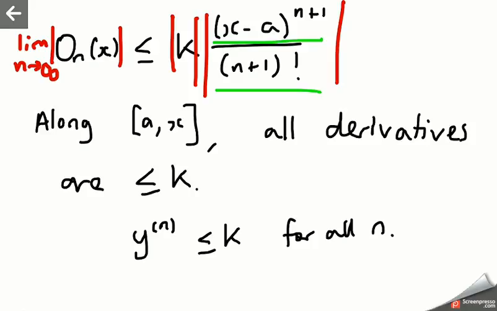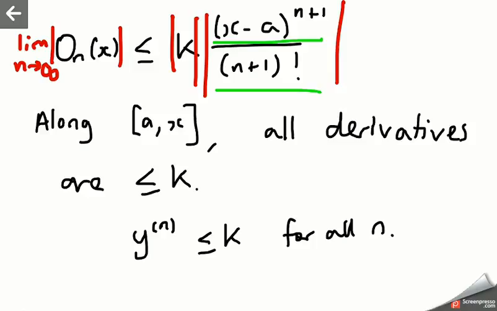Think about how big factorials get. You're timesing x minus a by itself n plus 1 times, but x minus a is a fixed number, whereas with n plus 1 factorial, there's no bound to how big the numbers you're timesing by each other get. You could be timesing by 100 billion gazillion when n is that big.